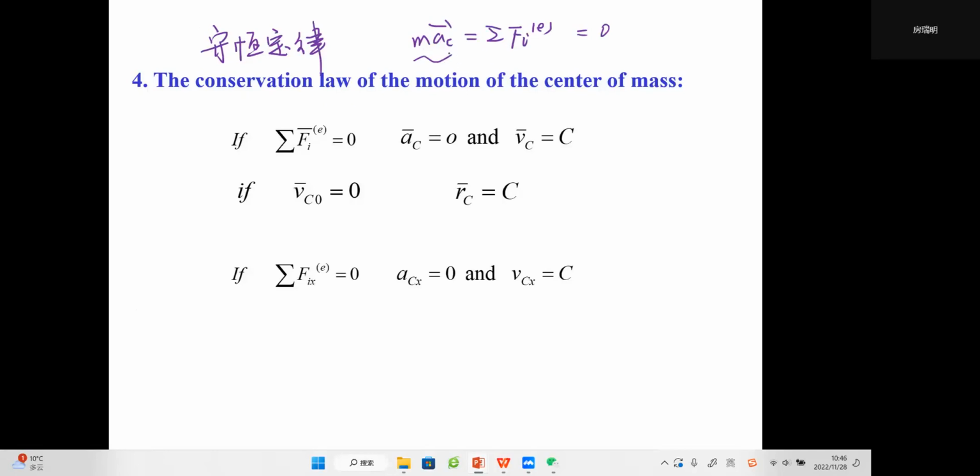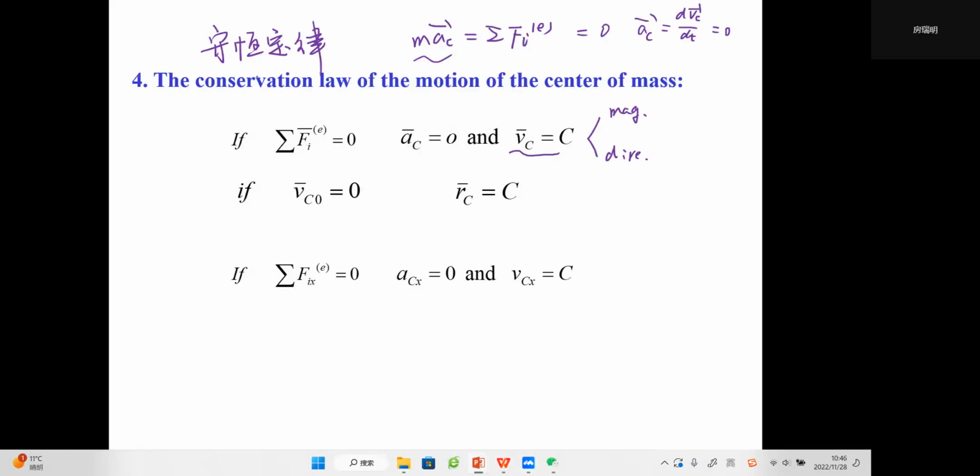And if this is 0, because M is never 0, it only means ac, which equals dvc/dt, equals 0. Then it means vc should be a constant vector, right? Constant vector means its magnitude and direction will never change at different time moments.